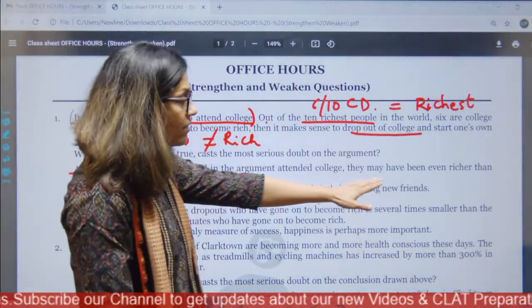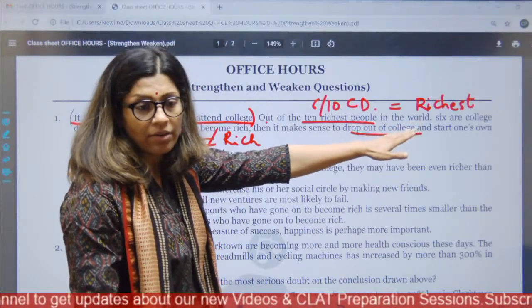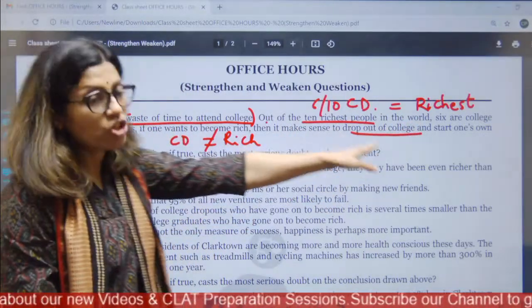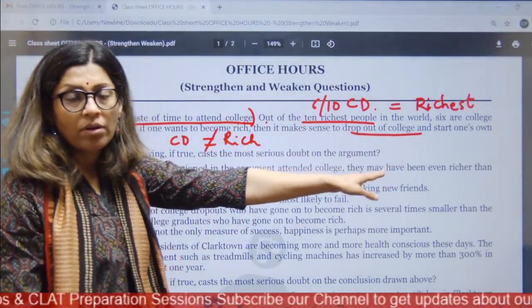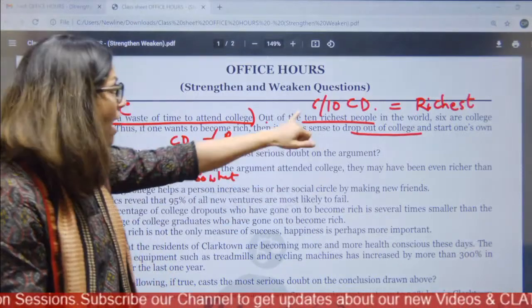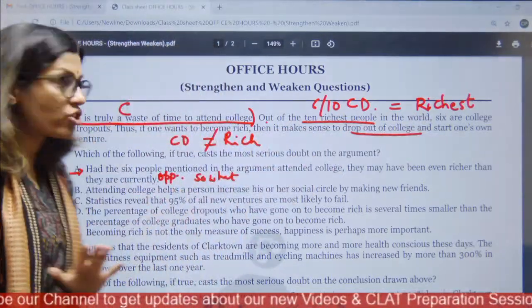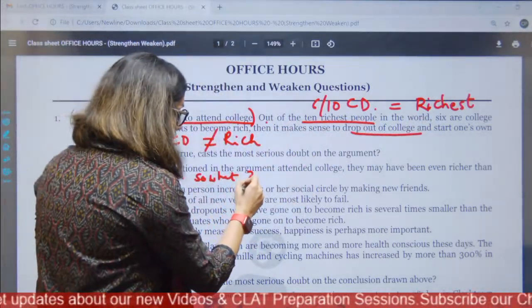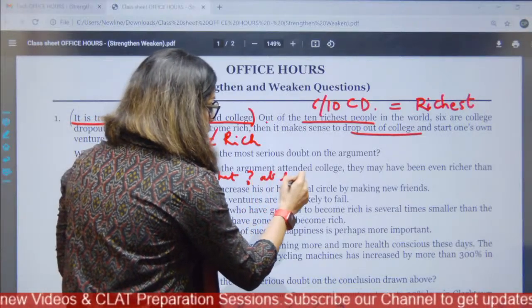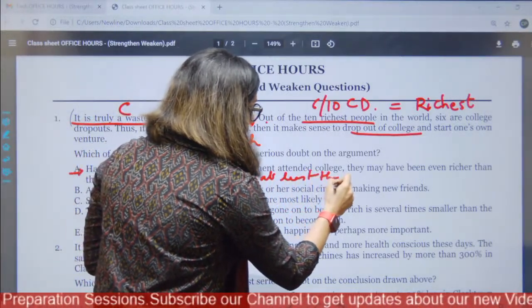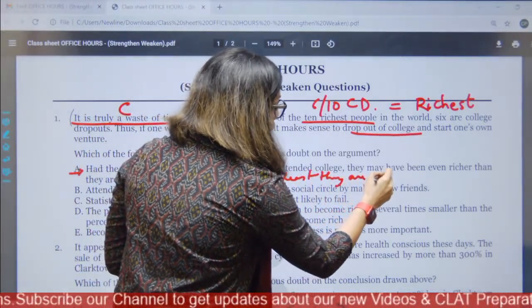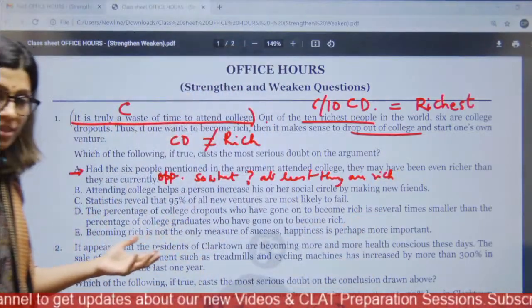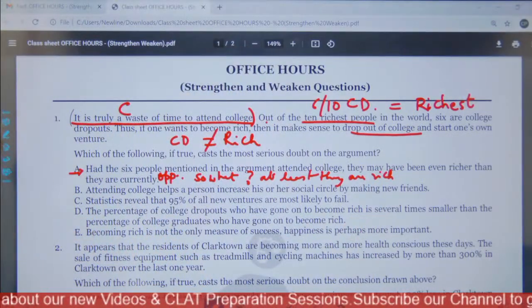The point is, they are rich, isn't it? They may become richer. That's the extra part. But after dropping out, they are still rich, isn't it? So at least they are rich. And not just rich, they are the richest, amongst the richest.